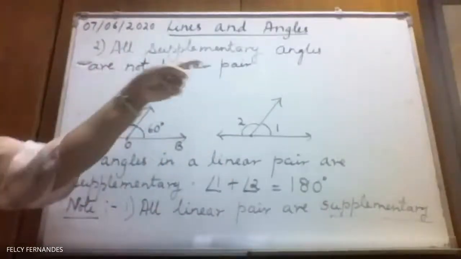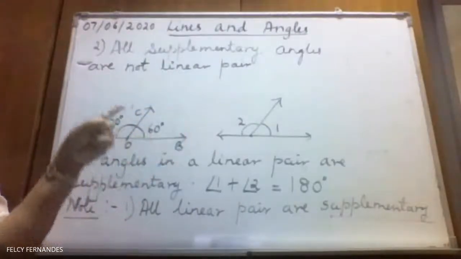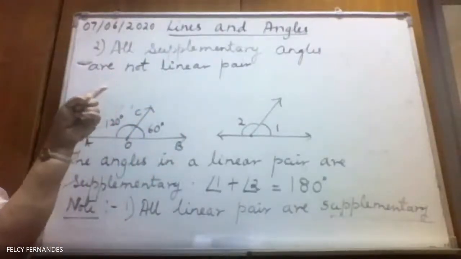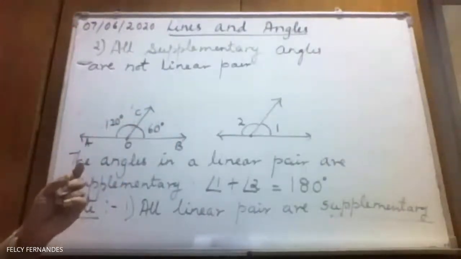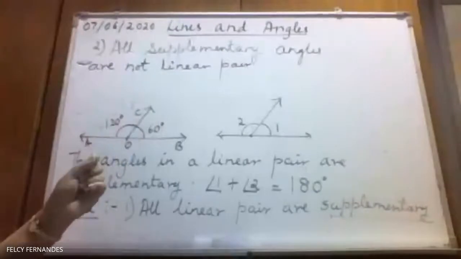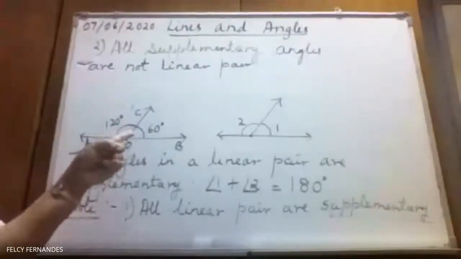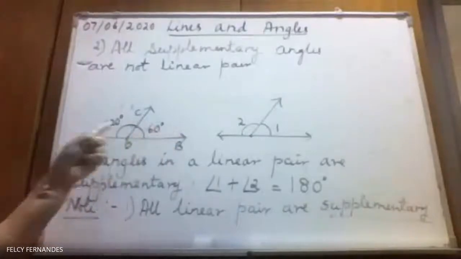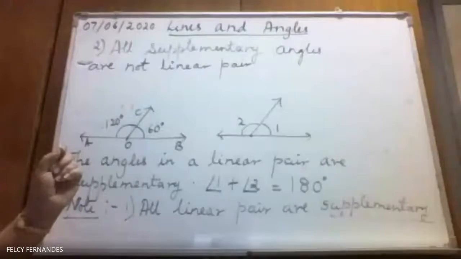All supplementary angles are not linear pairs, because in a supplementary pair we know that they can be two separate angles also, isn't it? We can have two different figures so that the sum is equal to 180. Whereas here, it should be a single figure. It should be a pair of adjacent angles.